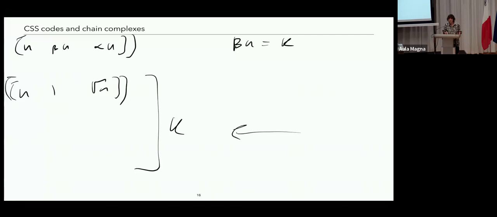Isn't the distance per planar code kind of fine? Yeah, but let's suppose you have your algorithm and you need k logical qubits with distance alpha n. So alpha n is surely bigger than square root of n, right?